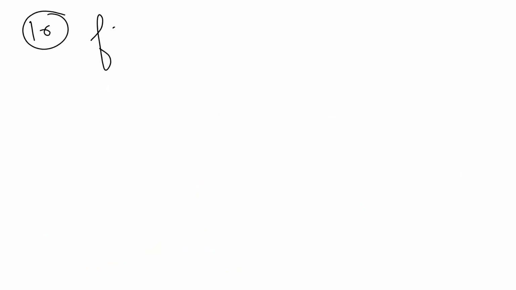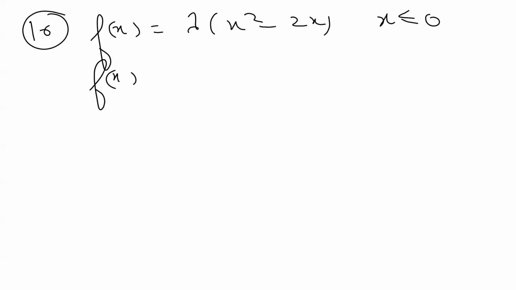f of x is equal to lambda into x square minus 2x. This is for x less than or equal to 0. And f of x is equal to 4x plus 1 for x greater than 0. We need to find out the value of lambda, in the first part of the problem.